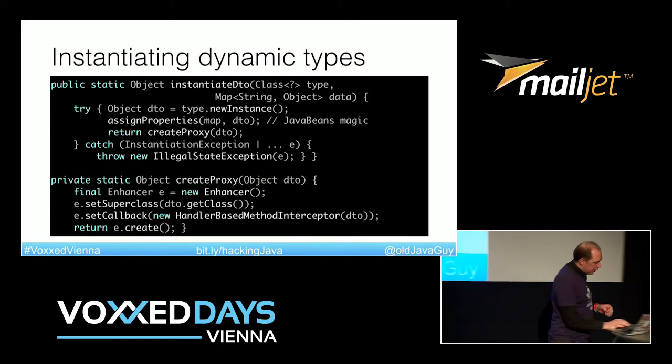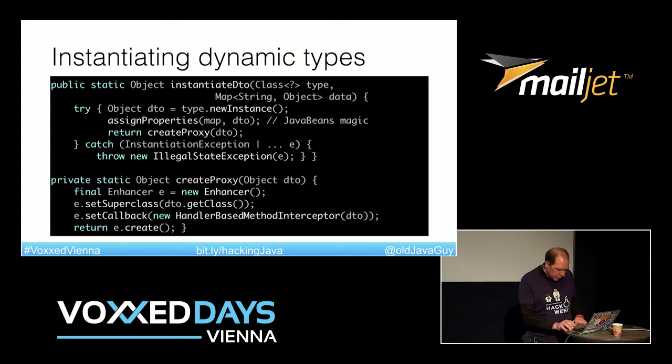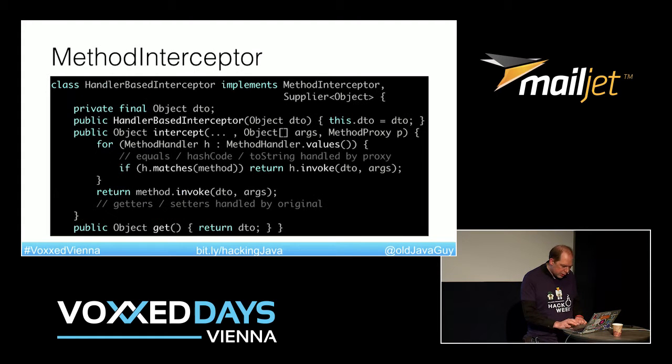So I'm setting this callback here, and in this callback, I have an enum of method signatures that I'm looking for, and if I find the specific method signature, then I'll handle it through a strategy object, and otherwise I'll just invoke the super method.